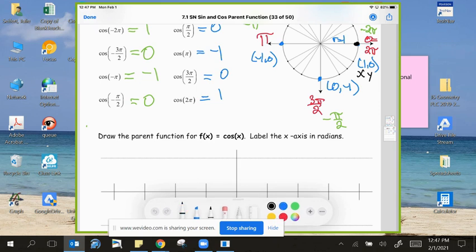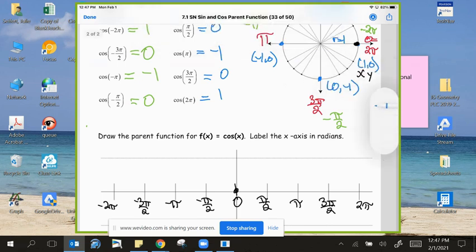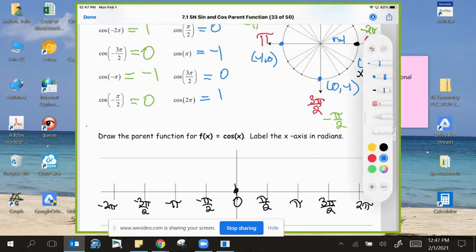Labeling this in radians, we'll have 0, pi over 2, pi, 3 pi over 2, 2 pi. Then going left, negative pi over 2, negative pi, negative 3 pi over 2, negative 2 pi. Then cosine of 0 is 1.